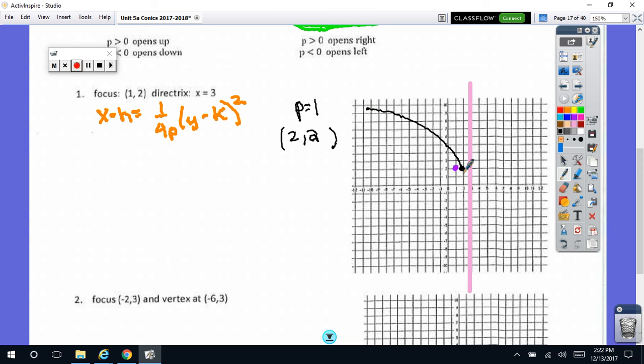He's got to open this way, which means he is negative. So then write your formula. X minus 2, 1 over 4 times 1, y minus 2 squared.